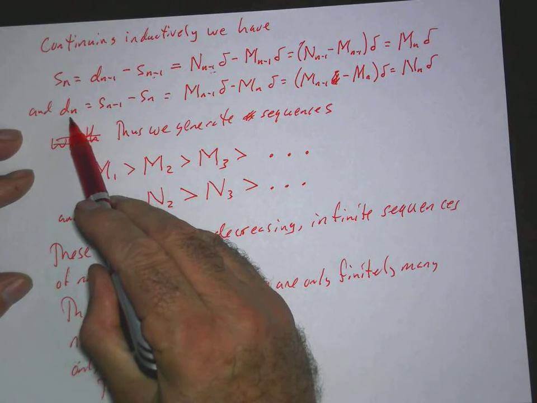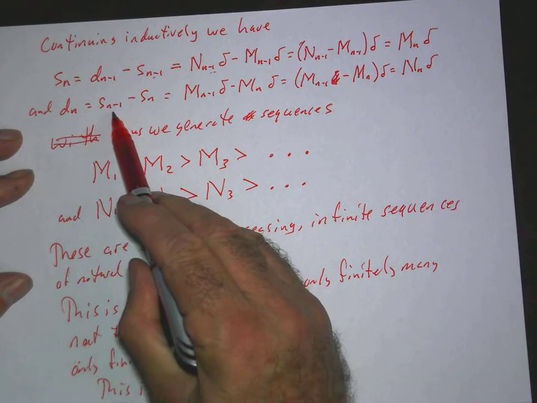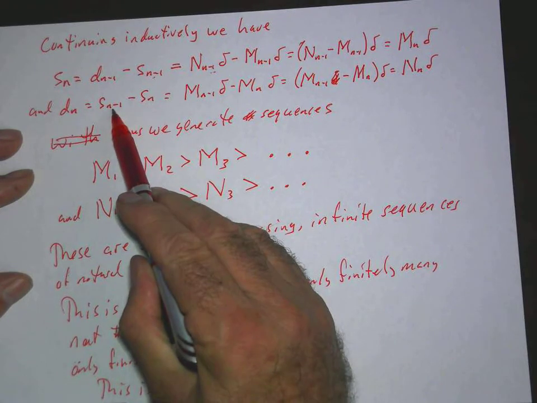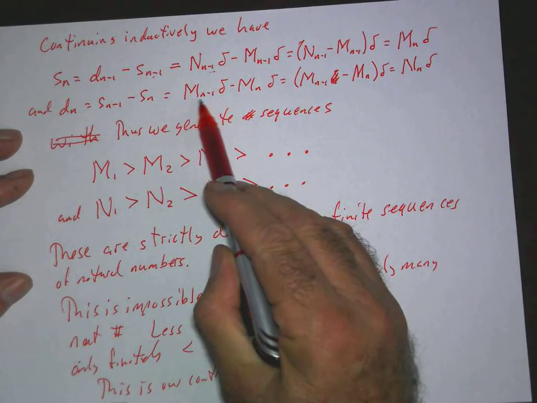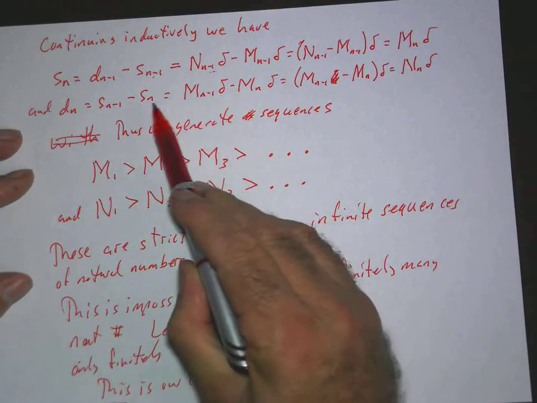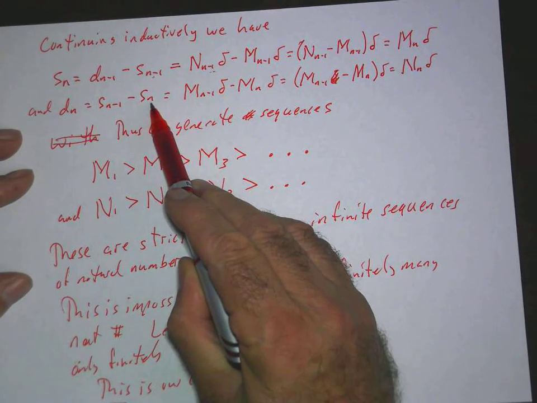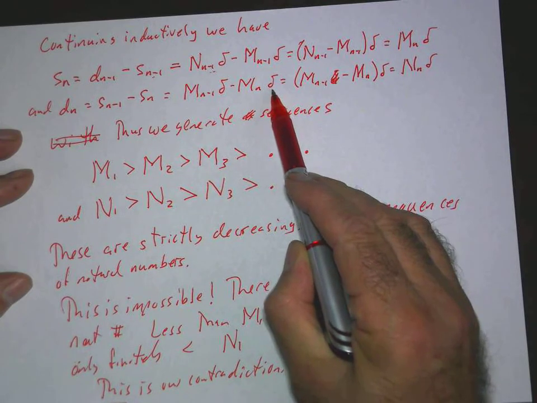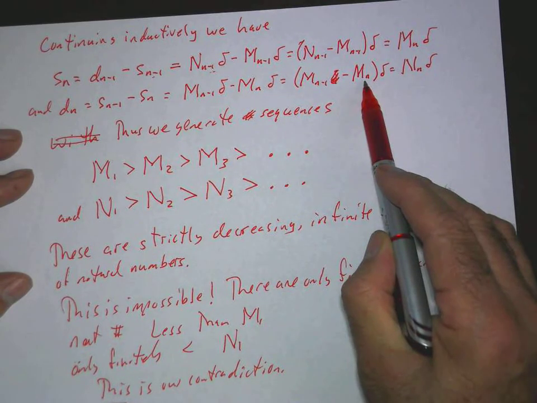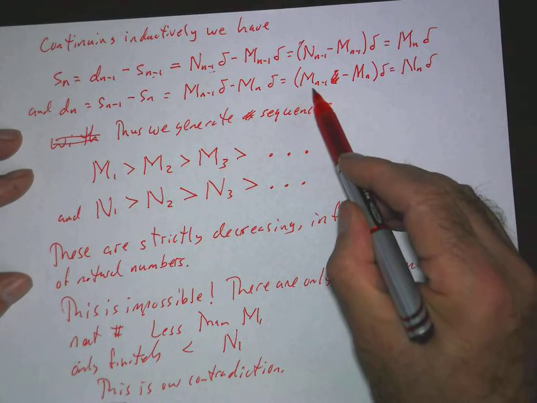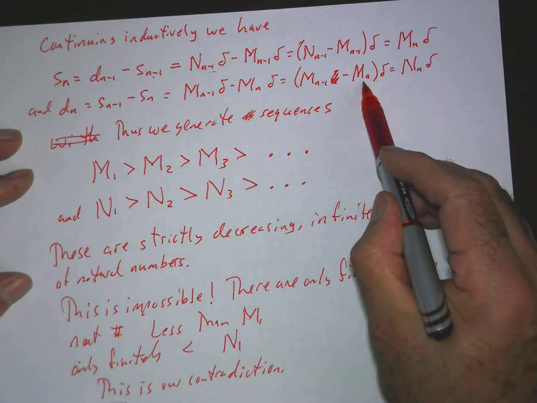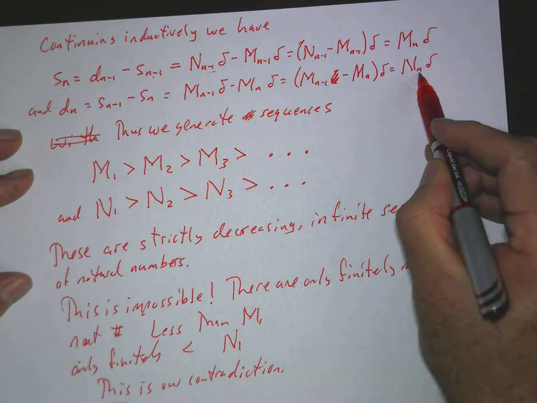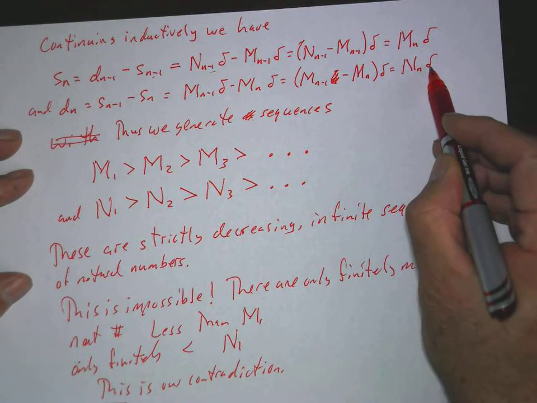And using the same logic here, d sub n is S sub n minus 1 minus S sub n. S sub n minus 1 is capital M sub n minus 1. S sub n is capital M sub n delta, and we factor out the delta. And we have larger natural number minus smaller natural number. We'll call that capital N sub n delta.